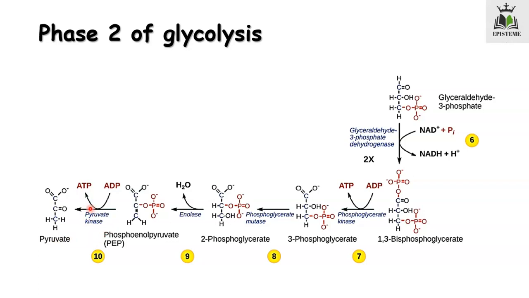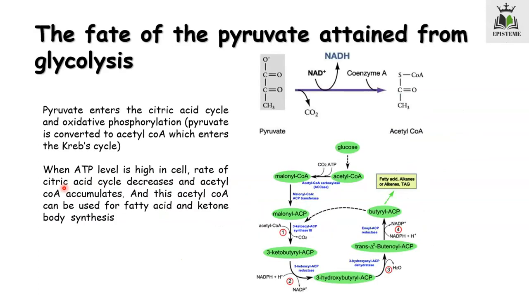Here we see that we have produced 2 ATP in step number 7 and step number 10, and in total we get pyruvate, 2 ATP and NADH. These are the end products of glycolysis.